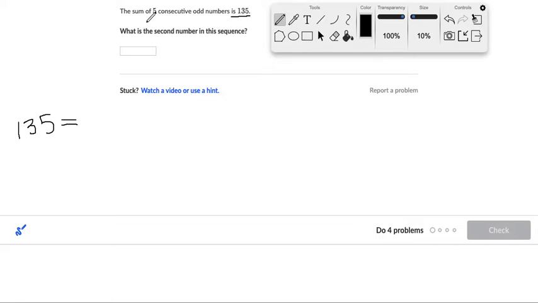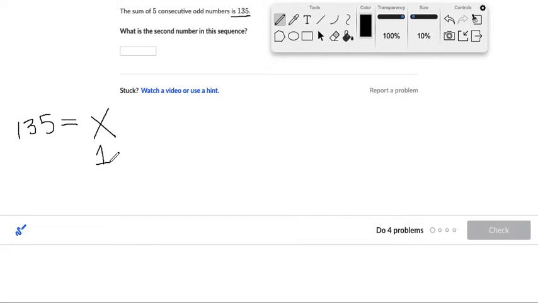I say first number because we don't know what that number is. Whenever I have any unknown number, I'm going to call it a variable. The easiest variable to use would probably be x. And we're going to say this is the first number in our sequence.